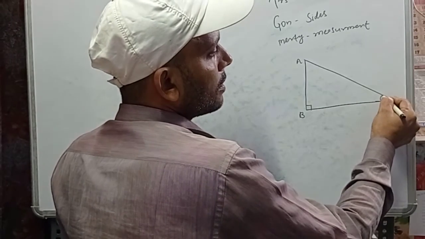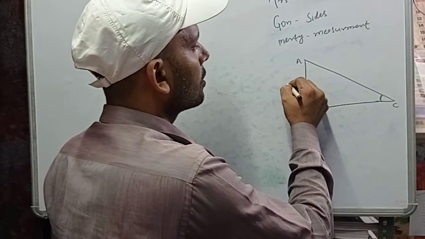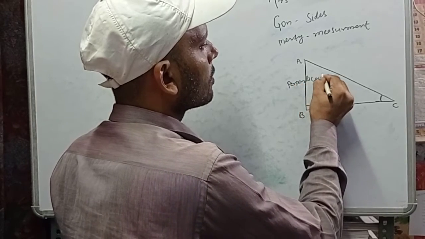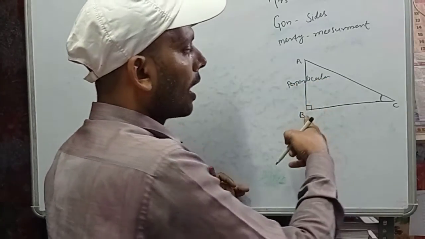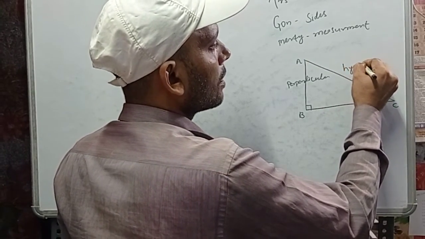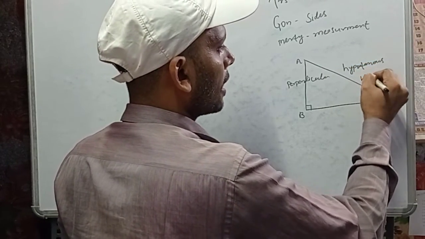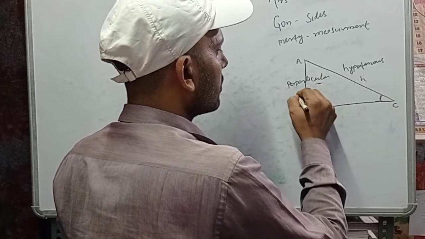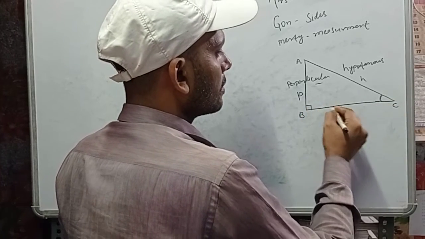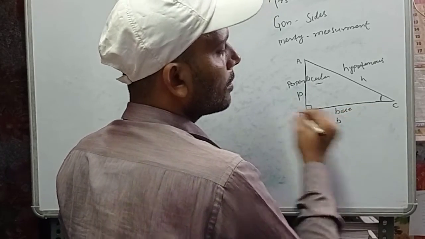The side opposite to angle C is the perpendicular. The side opposite to angle B is the hypotenuse. It is denoted by H, perpendicular is denoted by P, and the side adjacent to angle C is the base. It is denoted by B.